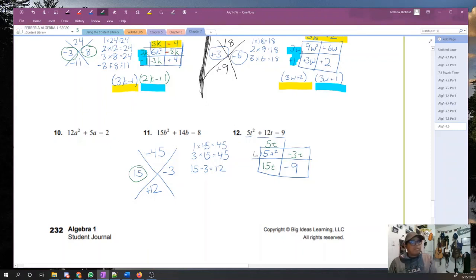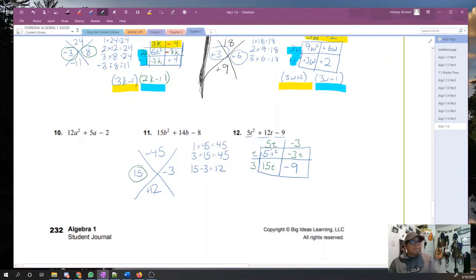Well, I have to multiply that by a t to get 5t squared. 5t times 3 will get me a 15t. And then t times a negative 3 will give me a negative 3t. Once we know that it's a multiplication square, then we can start multiplying things anywhere.